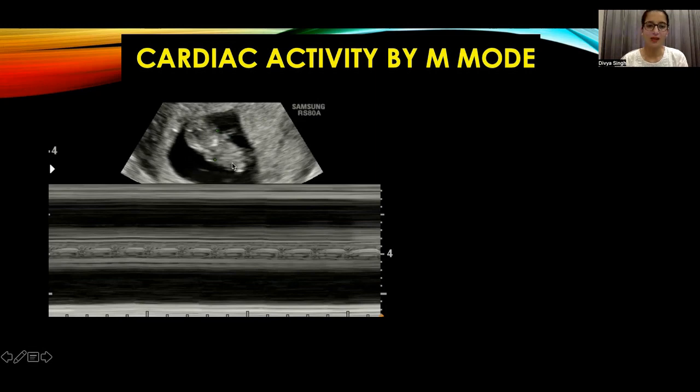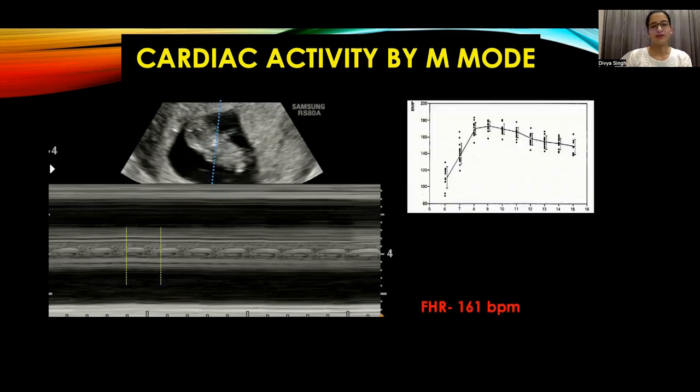We have magnified it well so that we understand where the heart is, and then we just place the M mode cursor in such a manner that it passes across the heart, and this flicker of movement that we get in this trace is the heart rate. Since we see the waves very clearly, all that we need to do is just place our calipers at the beginning of one and the second wave, and the machine will automatically calculate the heart rate for us, which was 161 beats per minute in this case.